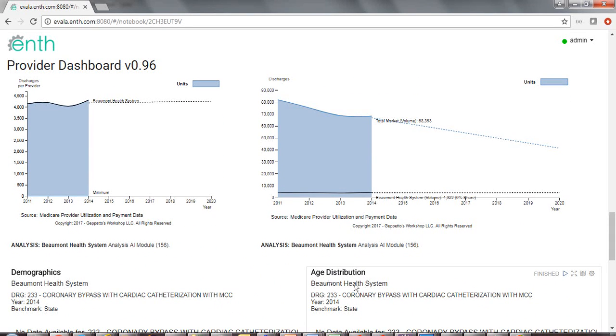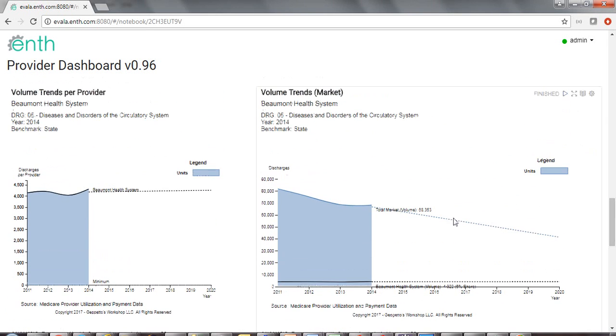We also use information from many sources, which is our forte at Enth. We have census information, demographics, and age distribution, which we also use to build into our models. The other thing we can do with this product is introduce customer data, which might be specific to that provider, such as pricing and profitability, and we can begin to make more decisions as to what markets you want to be in.